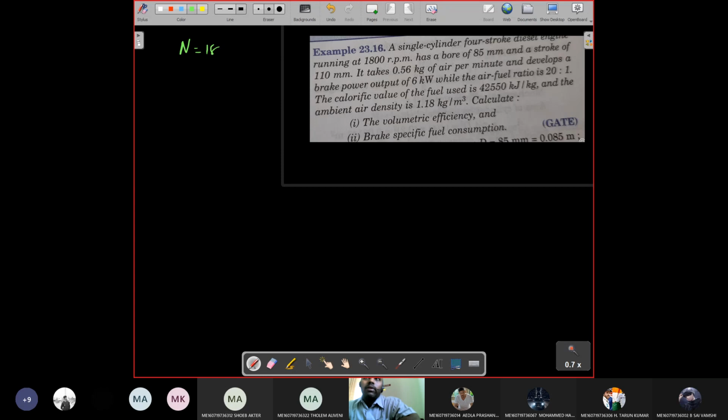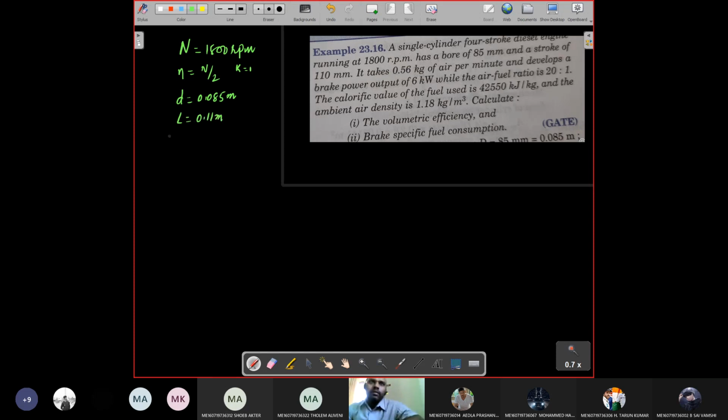N is equal to 1800 rpm. It is a 4-stroke engine, therefore small n is equal to capital N by 2. It is a single cylinder engine, K is equal to 1. Bore is given, D is equal to 0.085 meter and stroke is equal to 0.11 meter.